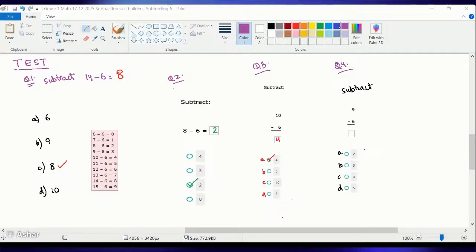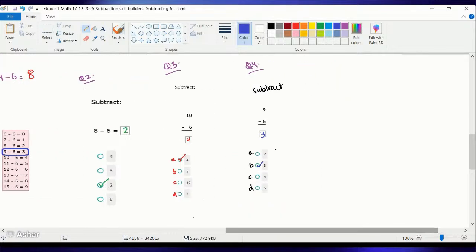When 6 is subtracted from 9, we are left with 3, and the answer would be option B. Okay, let's try another question. So we select this option. Let's take another question, and for the test, the next question would give us the values.